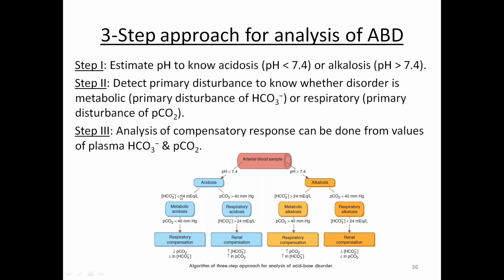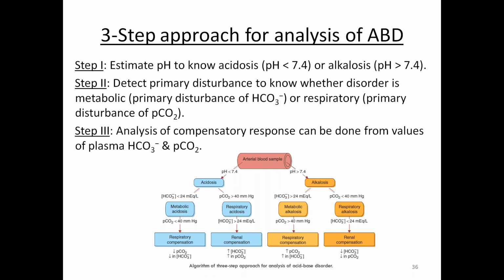If I tell you that the bicarbonate ions in this sample are 19, which direction are we going into? Bicarb less than 24 milliequivalent per liter would lead us to metabolic acidosis. So the primary disturbance here is that of bicarbonate ions.